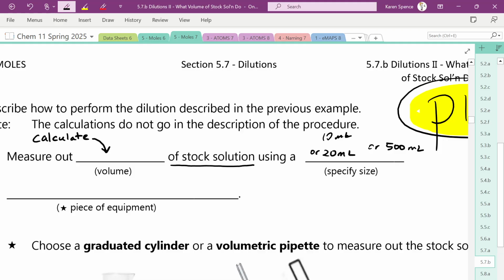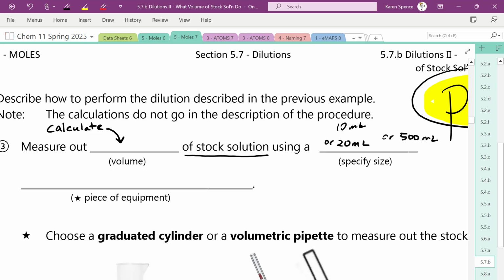If you needed 10 milliliters, you would use a 10 milliliter volumetric pipette. If you needed to measure out 500 milliliters, you would use a 500 milliliter graduated cylinder, because 500 milliliters is big and there ain't no pipettes that big. Have we used a pipette yet? No, we'll use one of those next week.